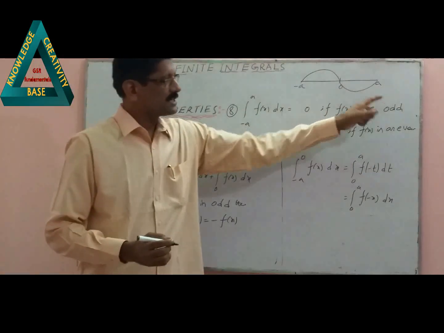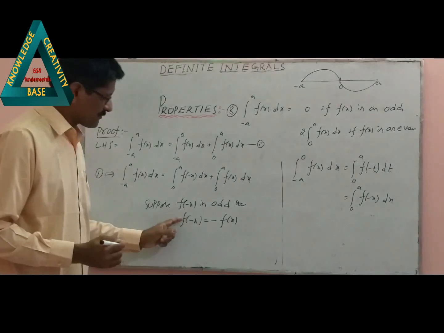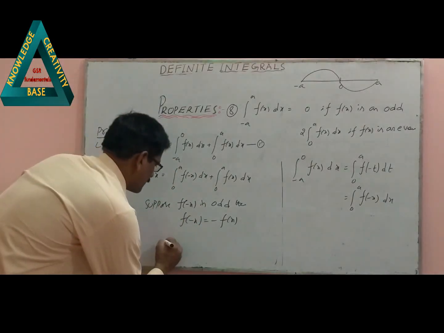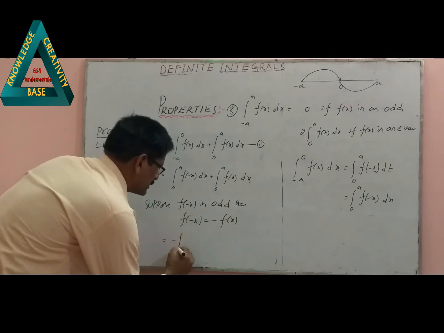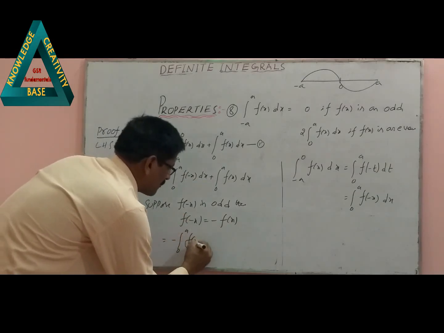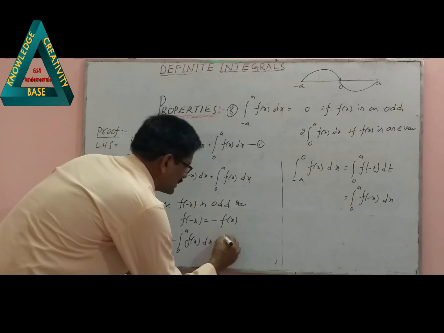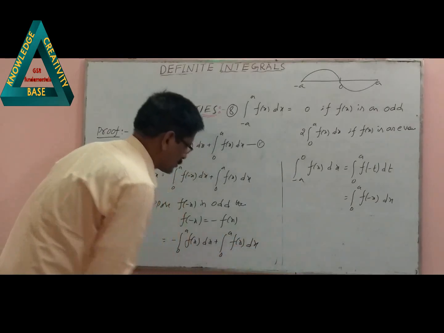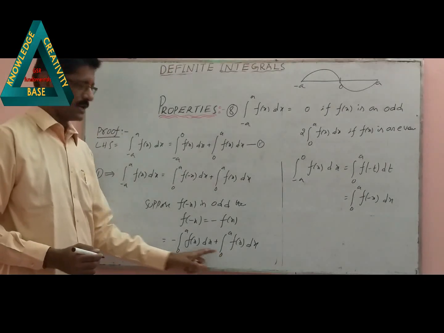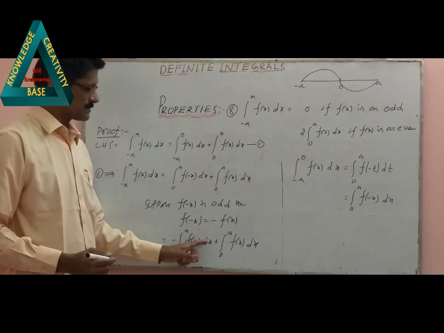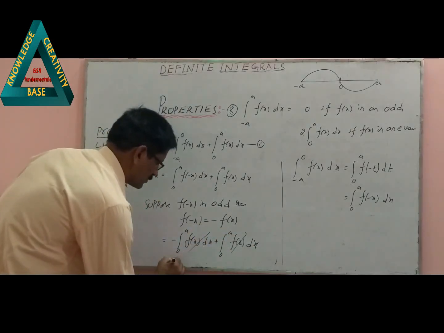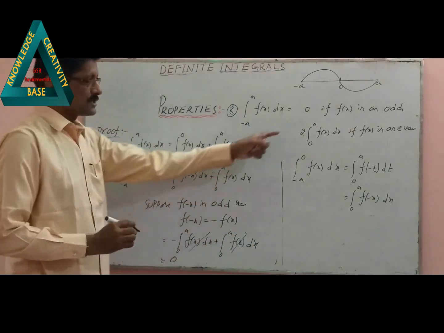So by the definition, f of minus x is equal to minus f of x, that equals minus integral 0 to a f of x dx plus integral 0 to a f of x dx. So this is minus quantity, this is plus quantity. Both are cancelled. That equals 0. So first result is over.